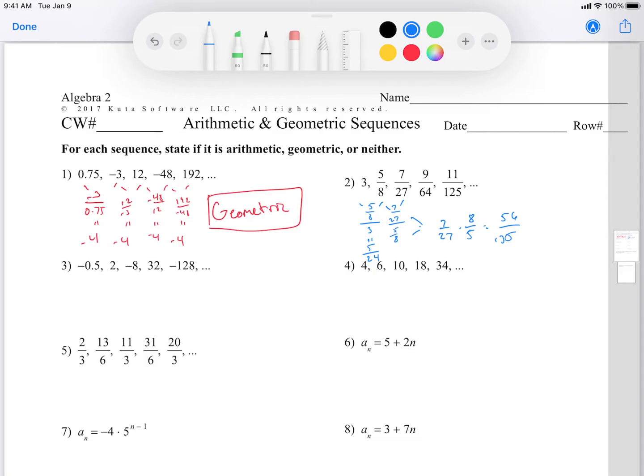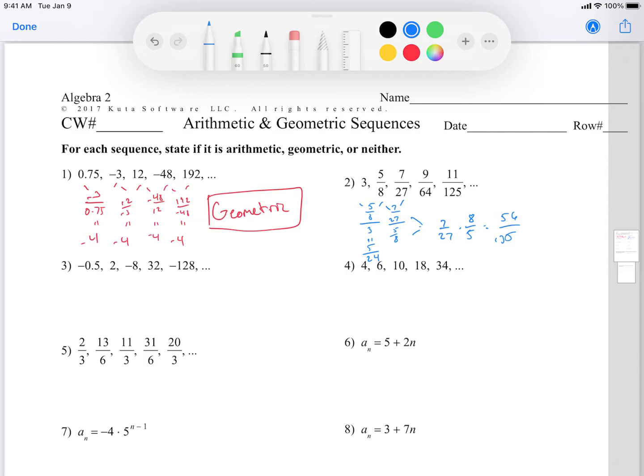What do we get? I mean, we can try to simplify this. I don't even think 2, 3, or 5 works.